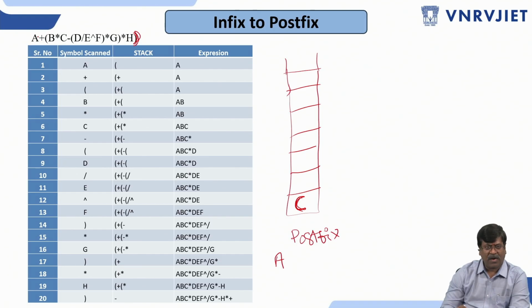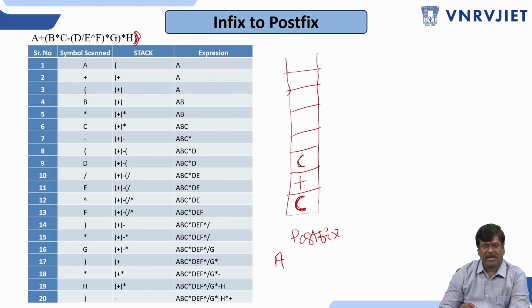Plus is an operator and I want to store it into the stack, and I need to check what is the existing data in the stack. On top of the bracket I can place any operator. So you can push plus to the stack. Now you got open bracket. Push open bracket into the stack.